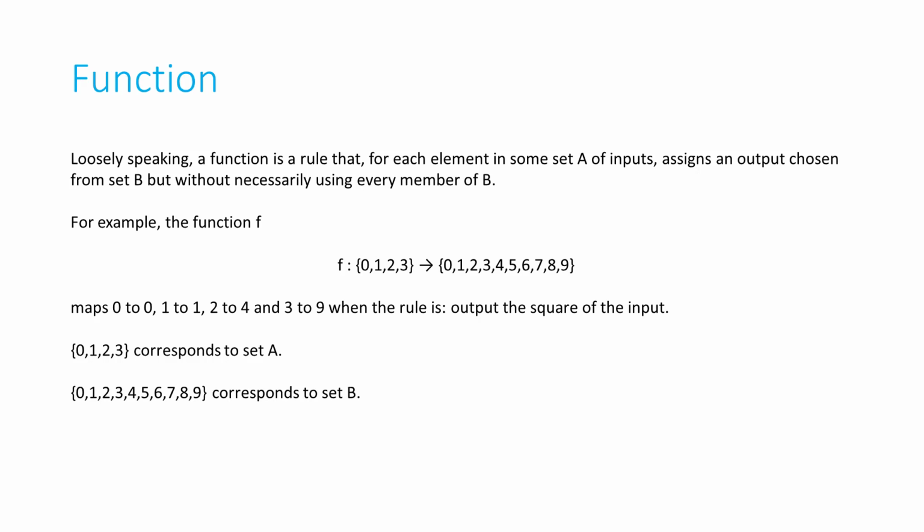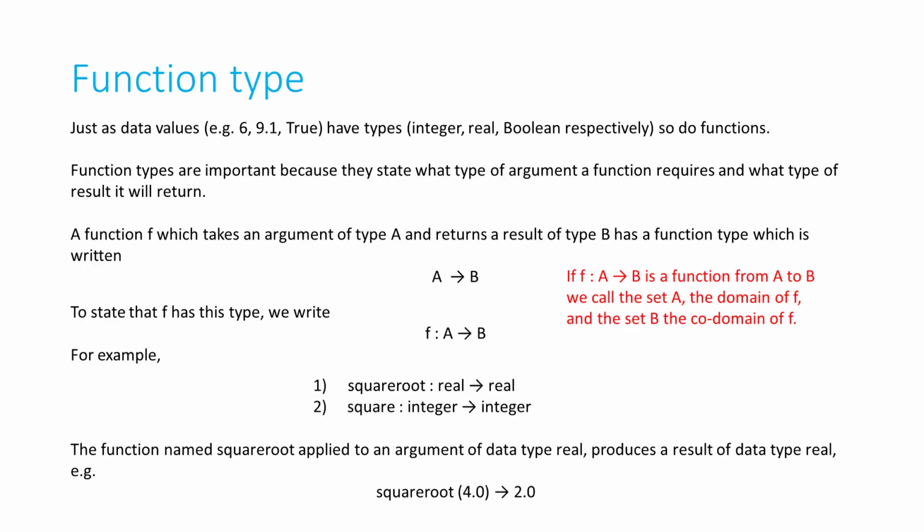Let us now consider what is meant by function type. Just as data values, for example 6, 9.1, true, have types, integer, real, boolean, respectively, so do functions. Function types are important because they state what type of argument a function requires and what type of result it will return.